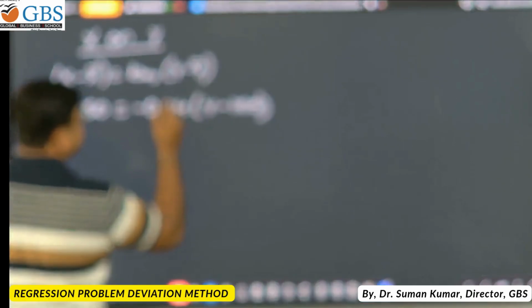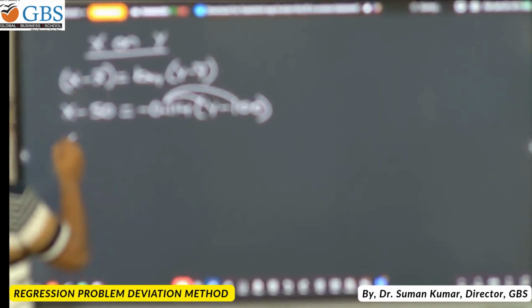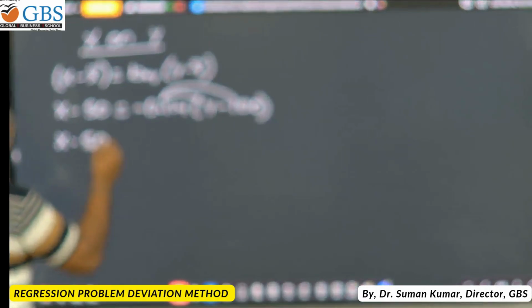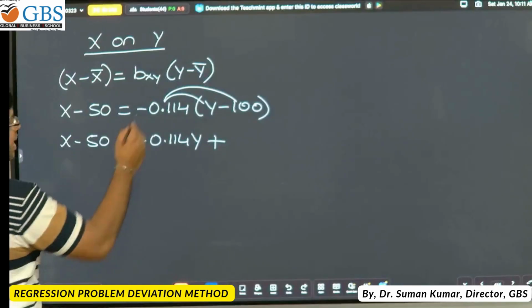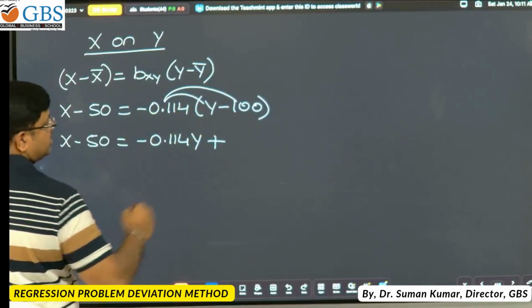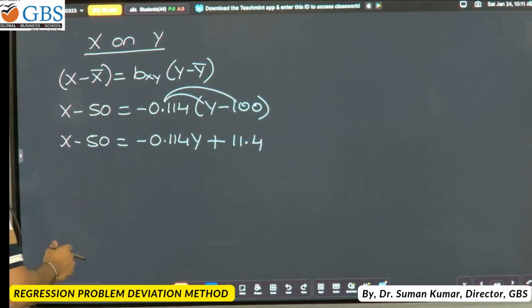Multiply this with this and also with this. So this remains the same, x minus 50 equals minus 0.114 into y plus, minus into minus is plus, so 11.4.